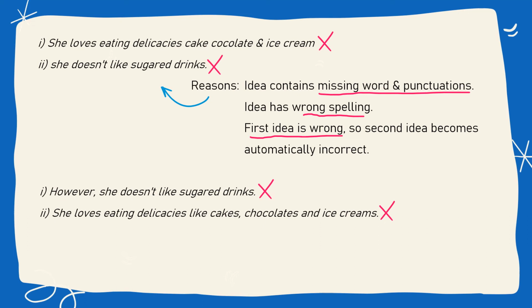Correct letter case. What's wrong with this? Yes, the ideas do not follow chronological order. The first one should be she loves eating delicacies like cakes, chocolate, and ice creams. The second idea should be she doesn't like sugar drinks. So if you mess up the order, then automatically your answer will be wrong.